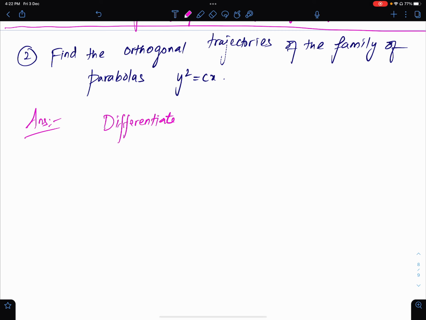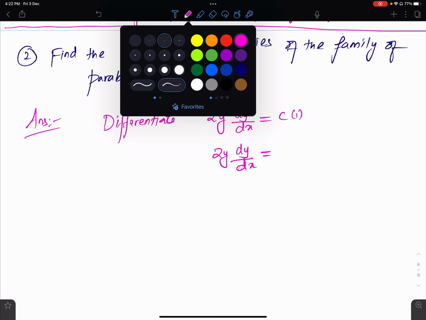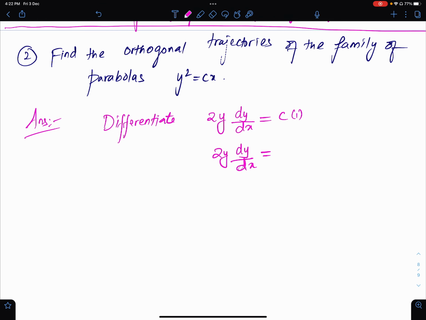The derivative of y square is 2y dy by dx. Don't forget. This is equal to the derivative of x, which is 1. So 2y dy by dx is equal to, and you must replace c with some equivalent thing.